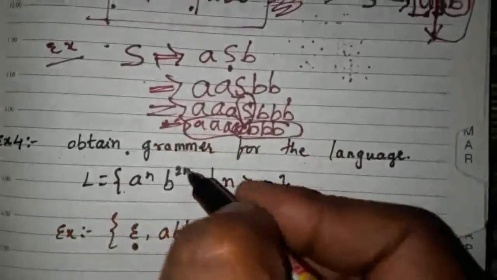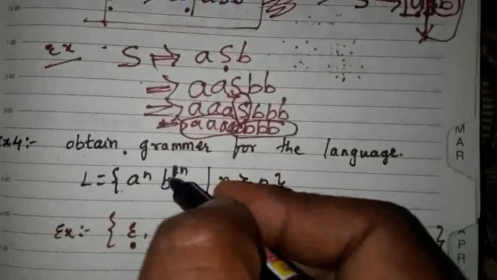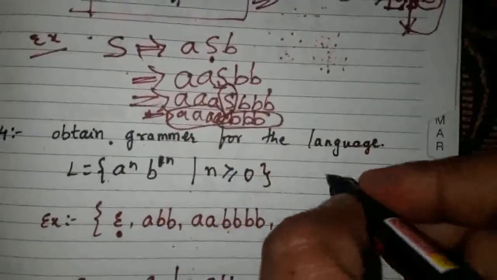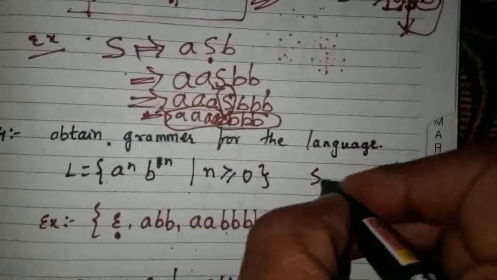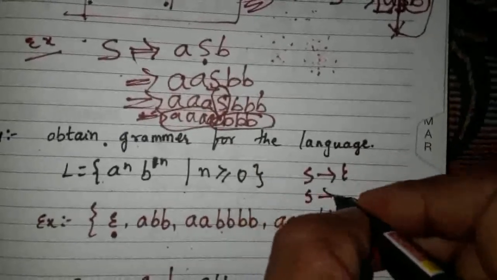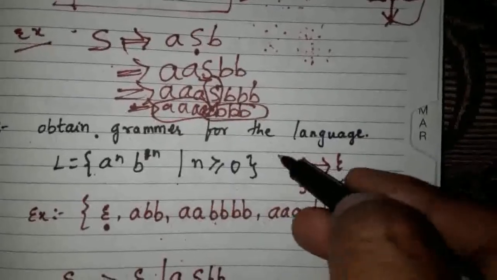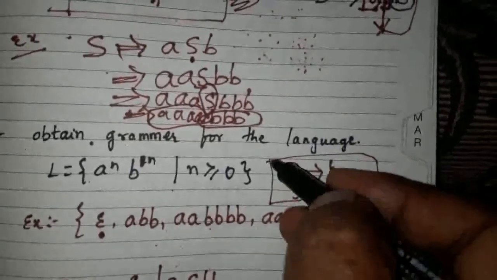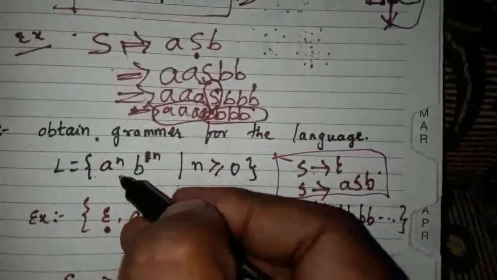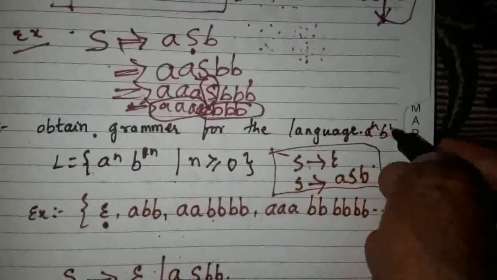Suppose this problem was for a^n b^n, we have already solved it. What was the grammar I was getting? This was the grammar if it was a^n b^n.